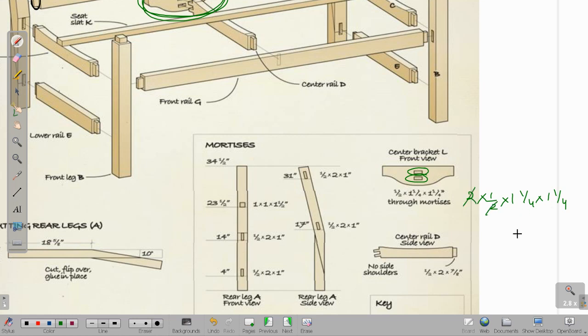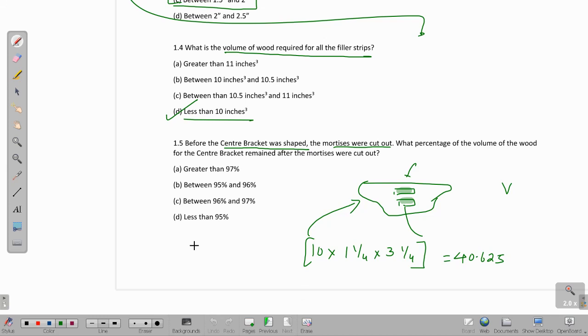Eventually the volume of the mortises is 5 by 4 multiplied by 5 by 4, 25 divided by 16, which is roughly 1.5. So the volume of the mortises is 1.5, and the total volume we can approximate to 40.5.